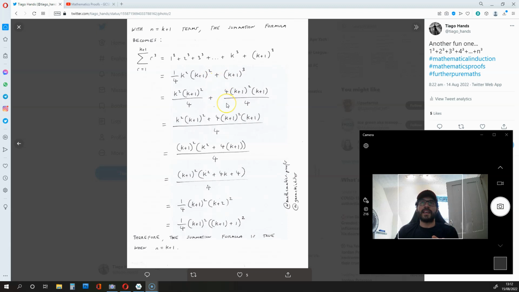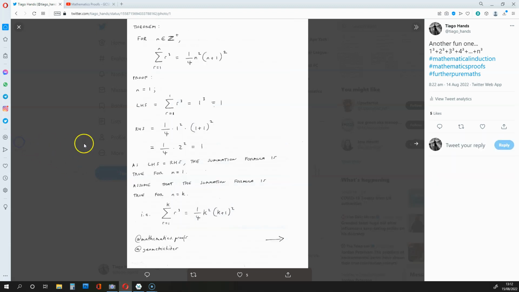Now this over here is the induction phase, and if all goes well, after you've manipulated the equations or the expression, what you should get is k plus 1 replacing n, okay? So what you get is this formula over here, but instead of n, you're going to have k plus 1.